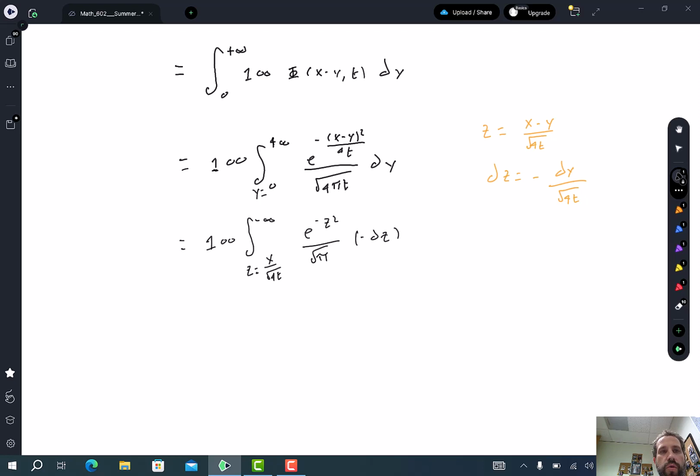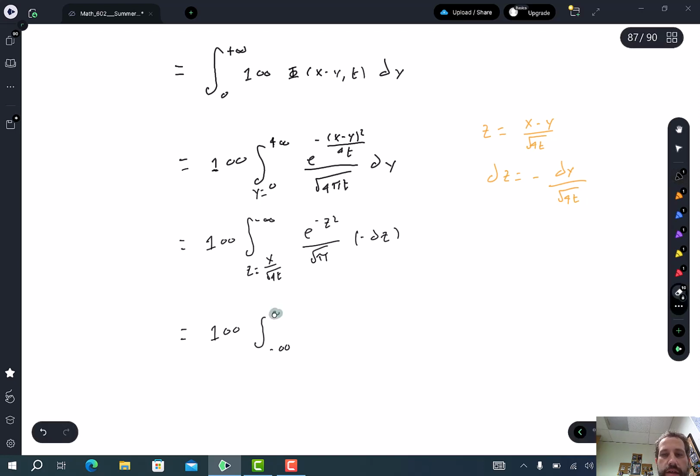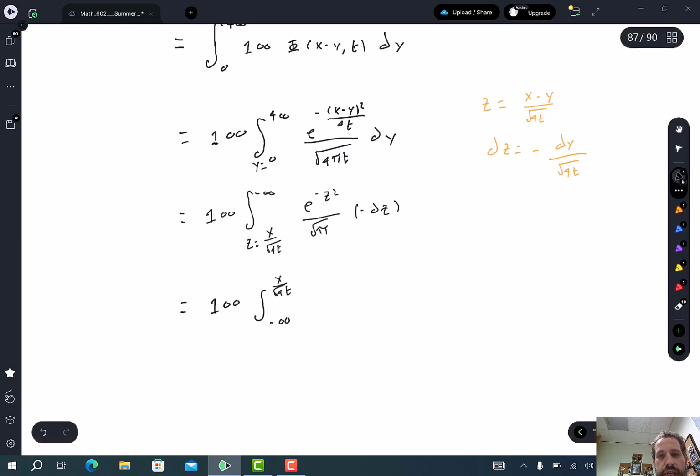Remember, whenever you multiply the integral by minus 1, you can switch the order of the limits. So overall, this is going to be equal to 100 times the integral from minus infinity to x over the square root of 4t.